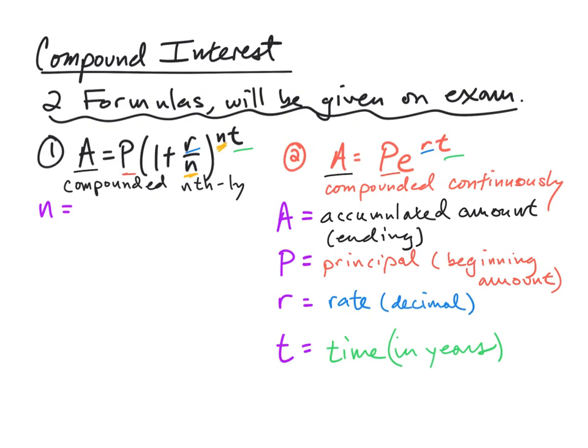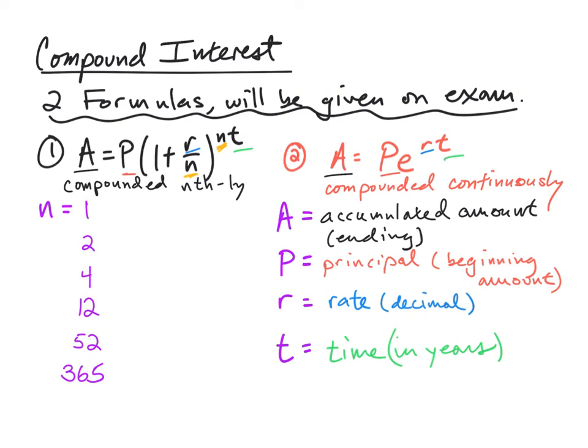As I mentioned, the values for n here can be pretty widely varying. We can have n be equal to the number 1, 2, 4, 12, 52, or even 365.